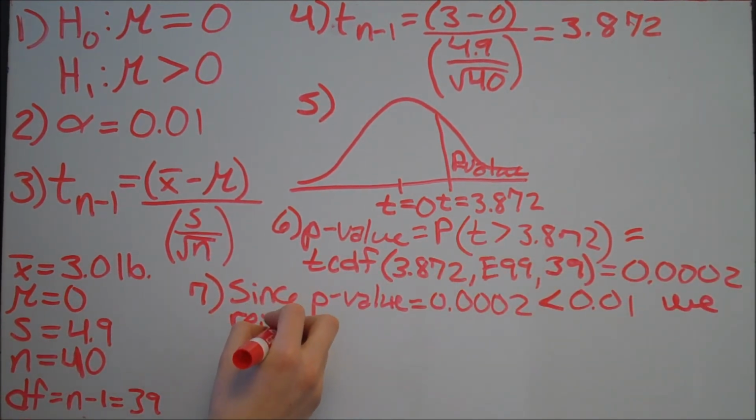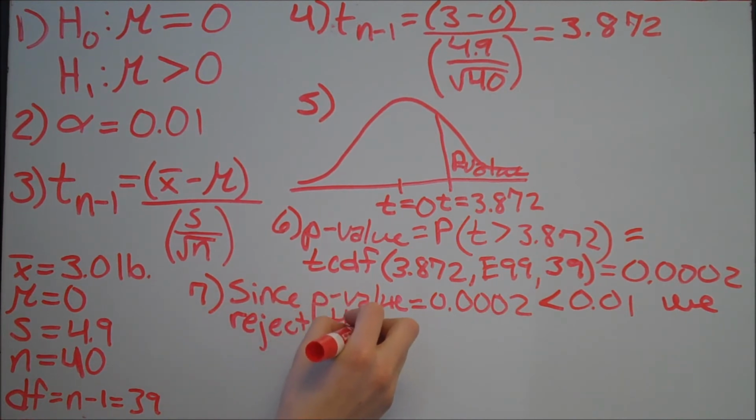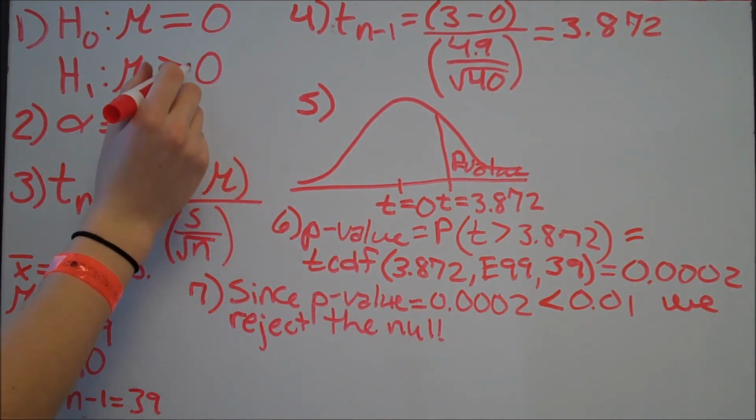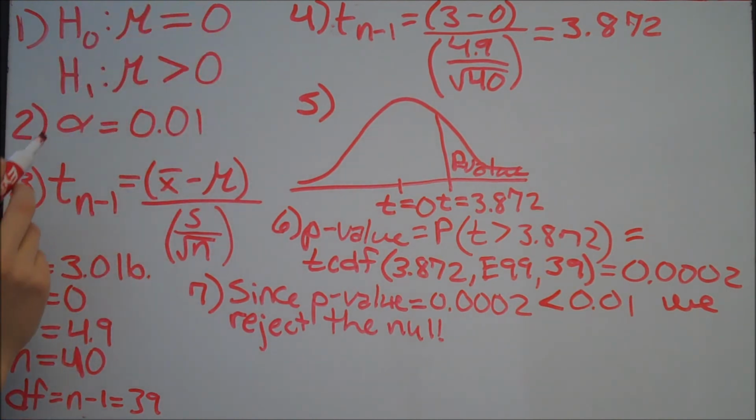So since our p-value is less than our significance level, we reject the null. And because we rejected our null hypothesis up here, we can support the alternative.